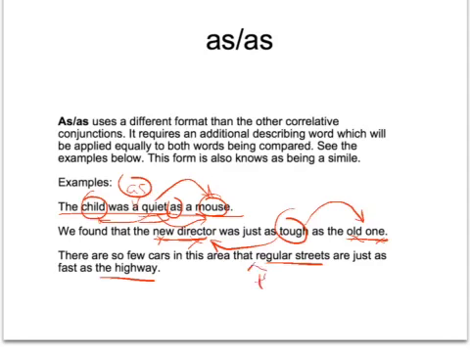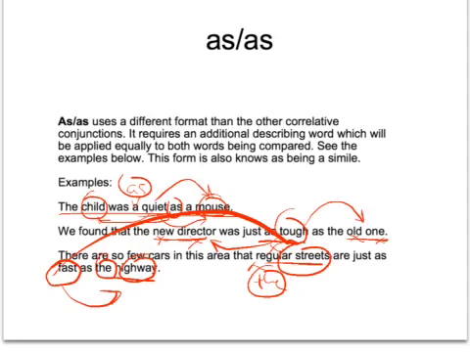I probably should have put the. The regular streets are just as fast as the highway. That way you get article, article, noun, noun. I stuck in a little adjective there. So the regular streets and the highway are of equal value, and they are both fast, because there's not a whole lot of cars in this area, so they're both fast.